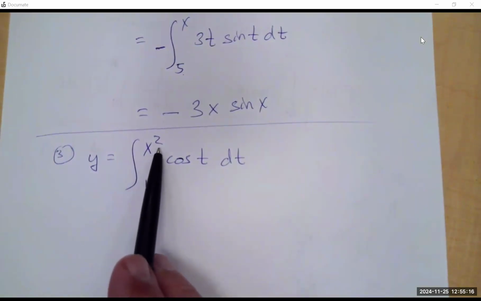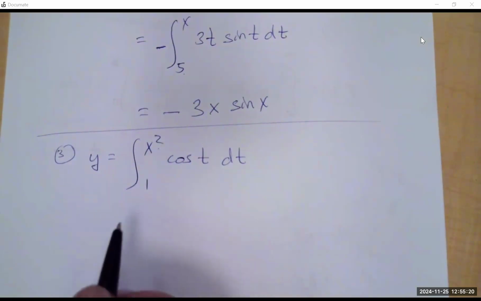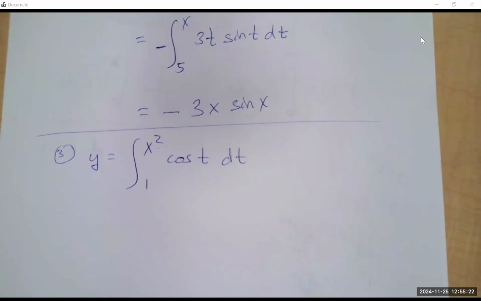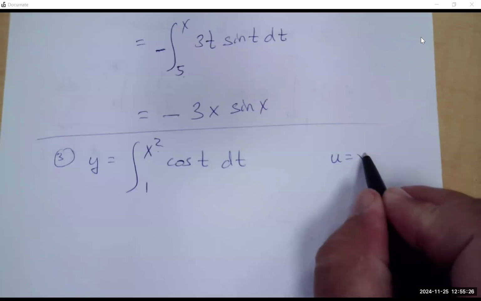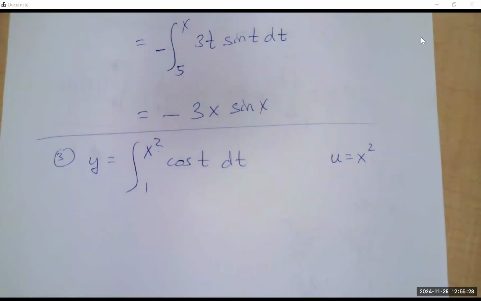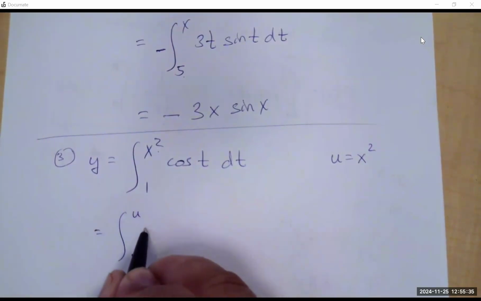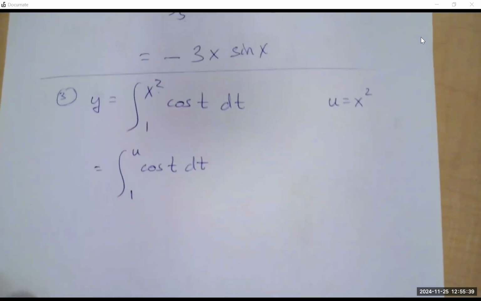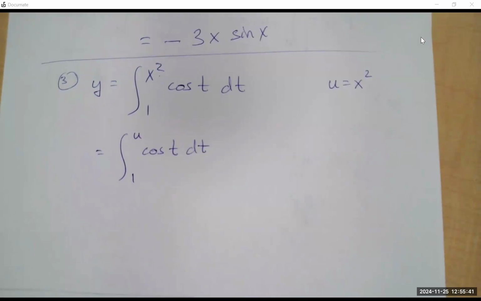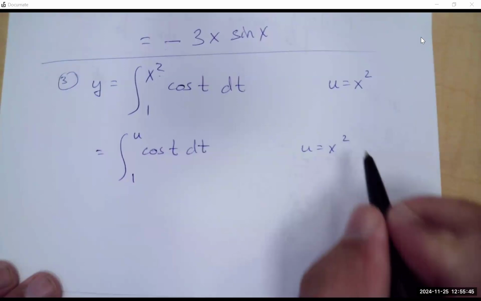We're going to x squared instead of x. So we have to use substitution. Instead of going to x, we're going to say that u is equal to x squared. So now we're going from 1 to u, and u is x squared.